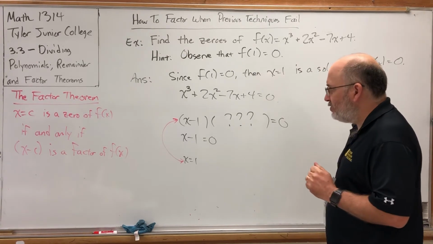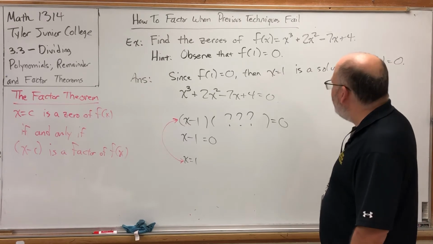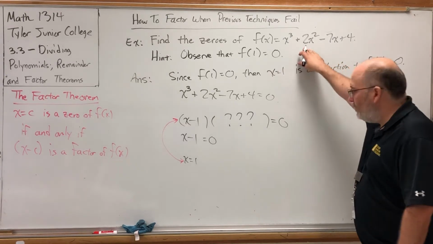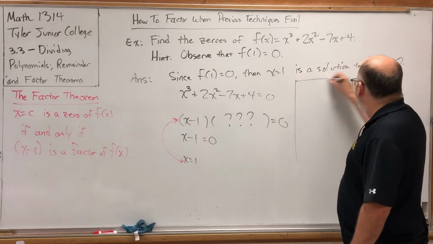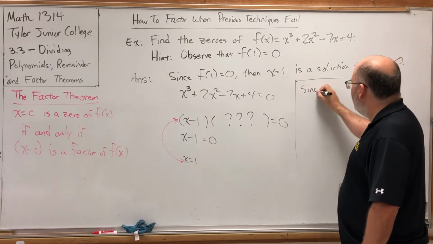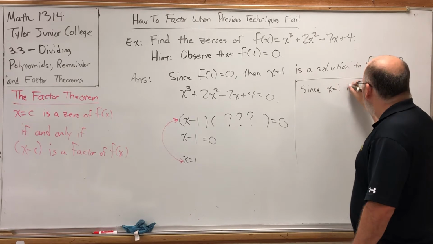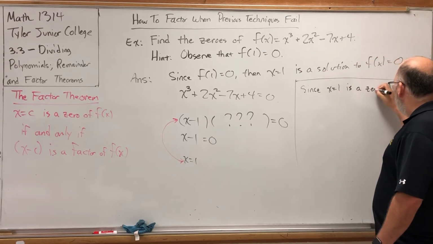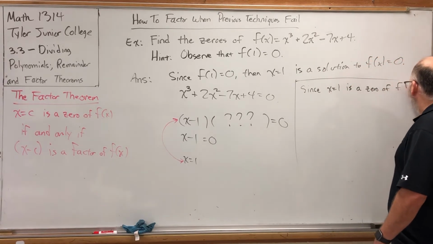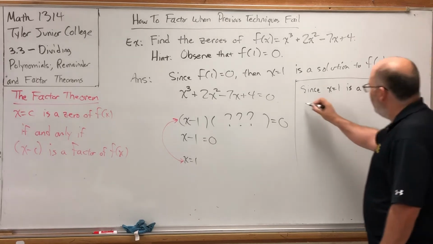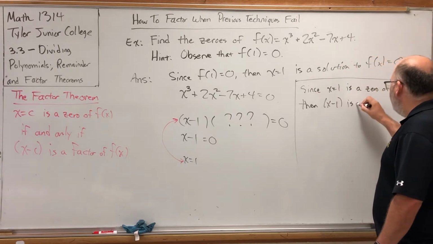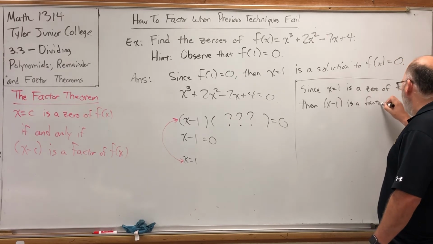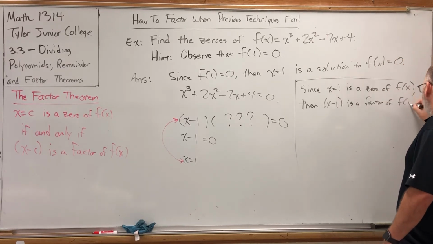Actually, before I raise those questions, let's summarize what we know about this function based on the fact that 1 was one of its zeros. Since x equals 1 is a 0 of this particular function f of x, then x minus 1 is a factor of f of x.